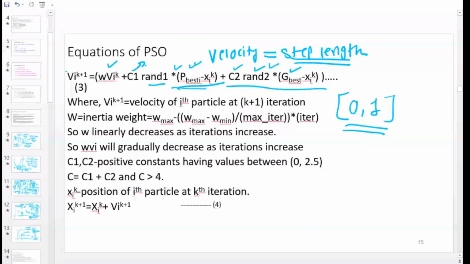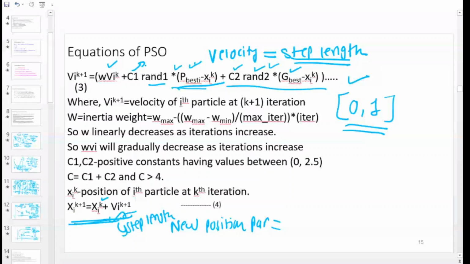And once the step length of every particle is determined using equation number 3, the new position of the particle xik plus 1 will be equal to the position of the ith particle which occurred in the kth iteration, the just previous iteration, plus vik plus 1, the step length which we obtain using equation number 3. So you are updating the value of x to minimize the specific objective function.